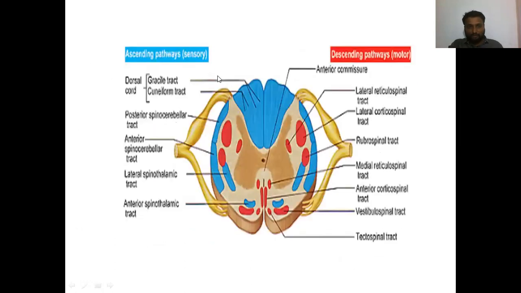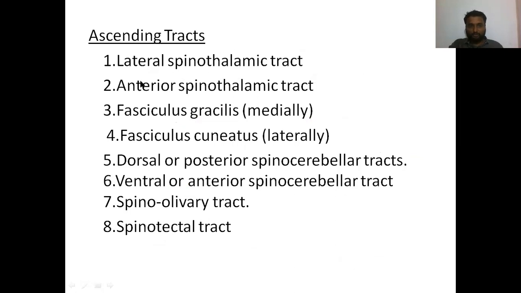Now, ascending fibers. What are the ascending fibers? See, lateral spinothalamic tract, anterior spinothalamic tract, fasciculus gracilis, fasciculus cuneatus, then dorsal or posterior spinocerebellar tract, then ventral or anterior spinocerebellar tract, then spino-olivary tract, then spinotectal tracts. Those are the ascending tracts.